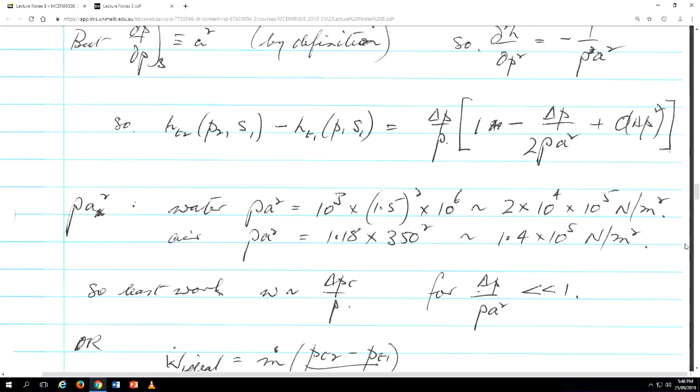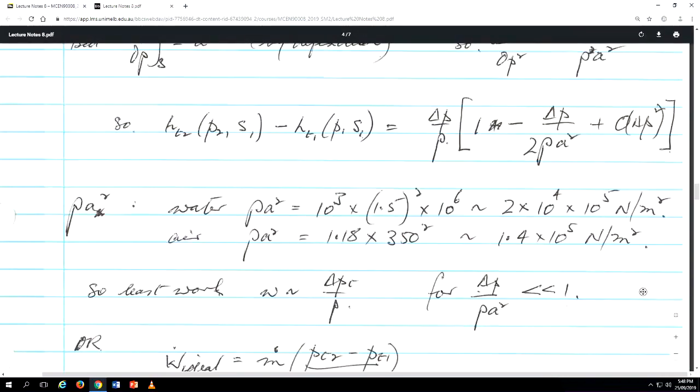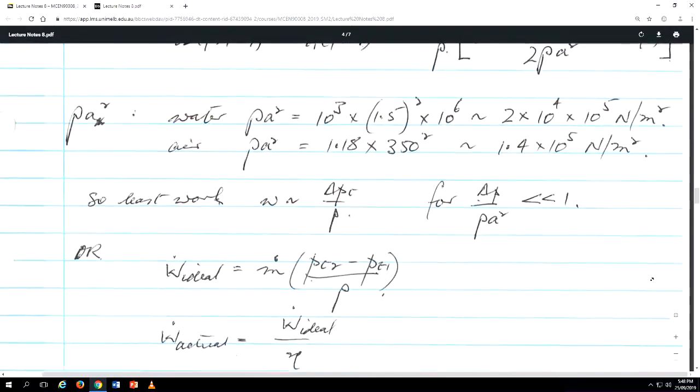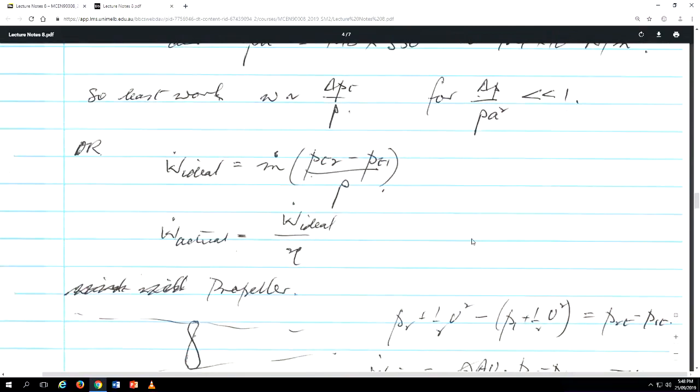If that term is not significant, like for example a propeller screw for an outboard motor, then this term is not going to be significant, and it's simply going to be the ideal amount of work is m dot into this change in enthalpy, which will be P2T minus P1T, that's the delta P divided by the density. And let's see what that is. So the actual amount of work is the ideal amount of work divided by the efficiency.